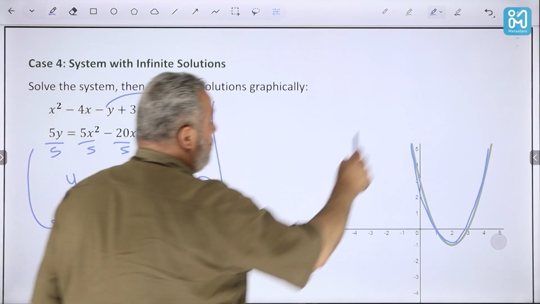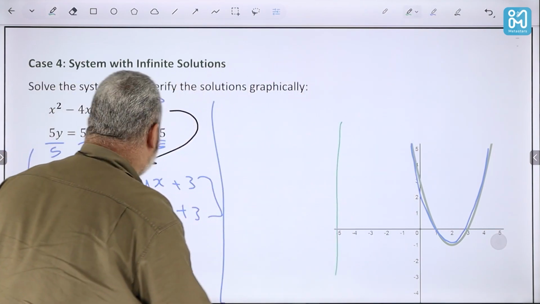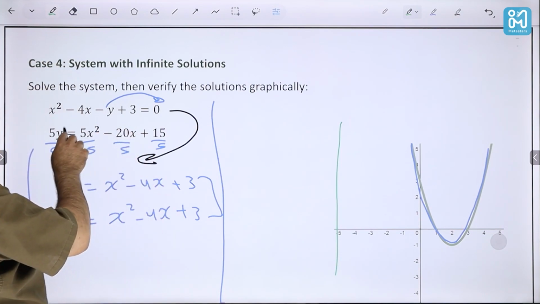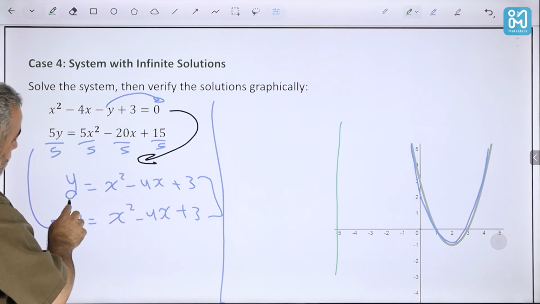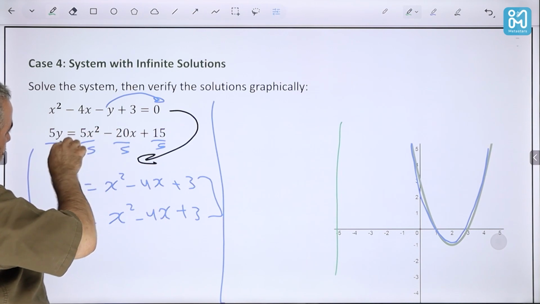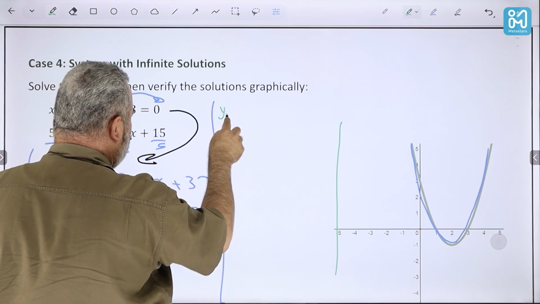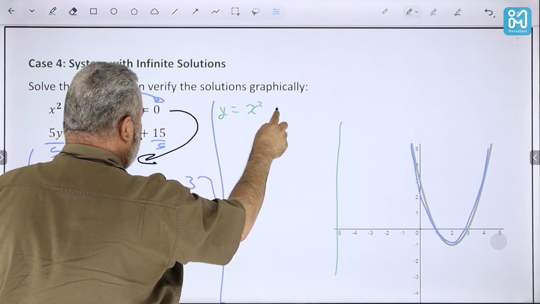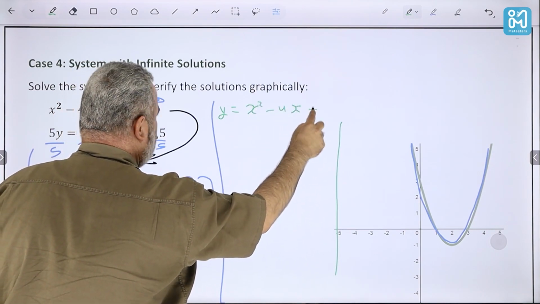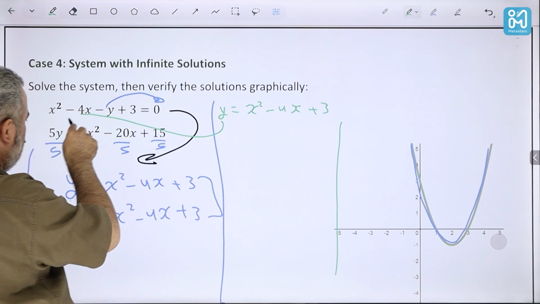We can do another way by making y this one and then substituting it here. So it will be like this, y equals x squared minus 4x plus 3. Then we substitute it here.